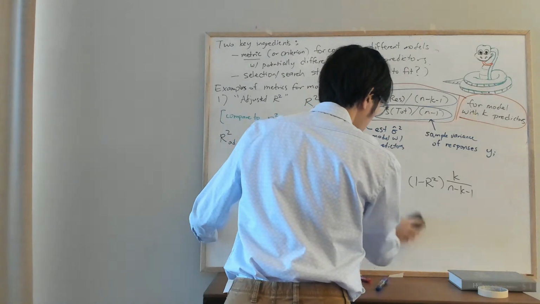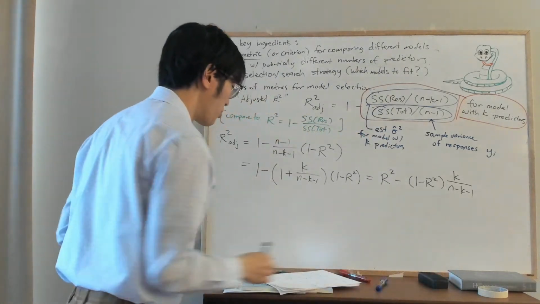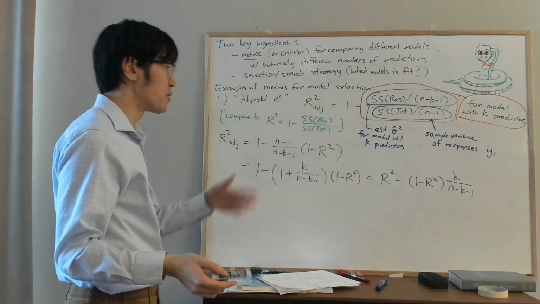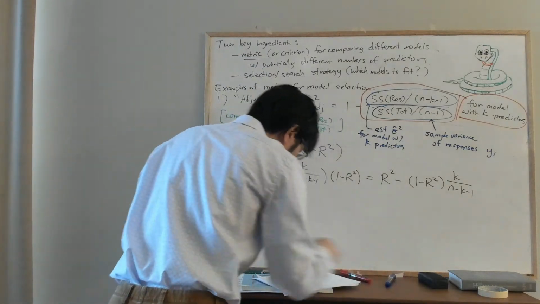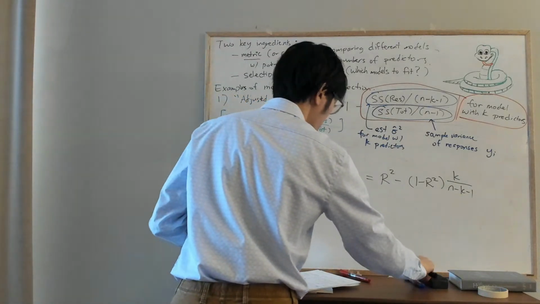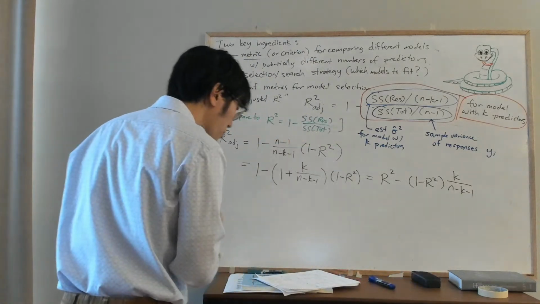So r squared adjusted can actually go down if we put in irrelevant predictors. Let me write that in words first, and I'll show you a numerical example.